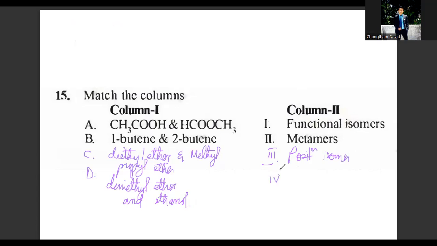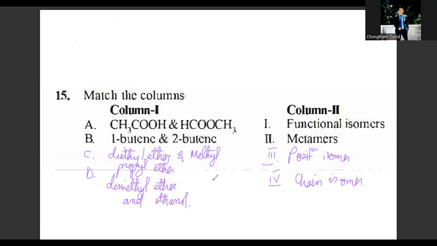Option number 4, chain. So match these two columns. The first one, you have acetic acid. The options are not available here.